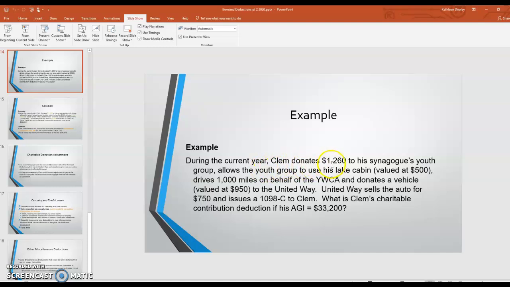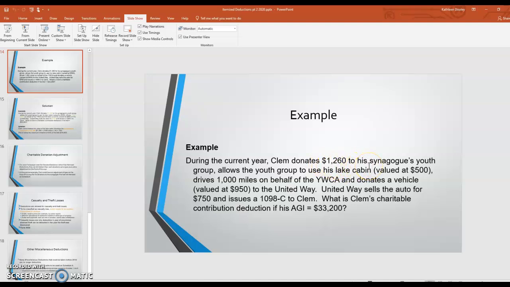Now here we have Clem donates $12.60 to his synagogue's youth group. Now this would be cash that he's donated to a church, a religious organization, and so that would be a 501(c)(3) group, and it's cash he's donating.